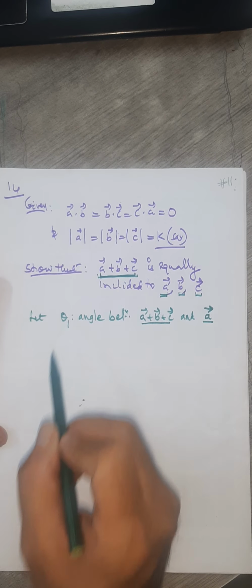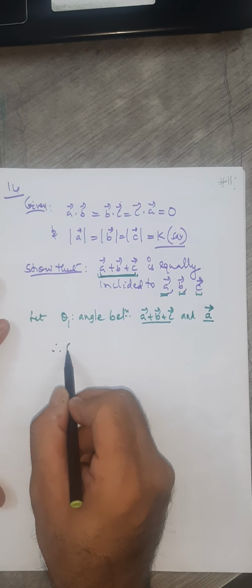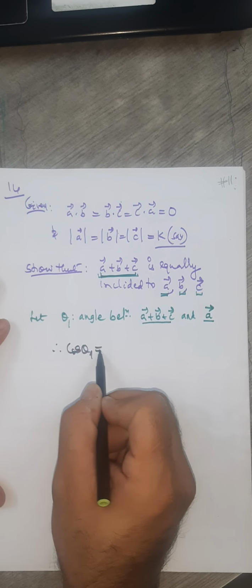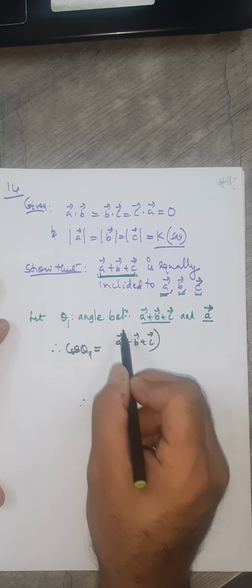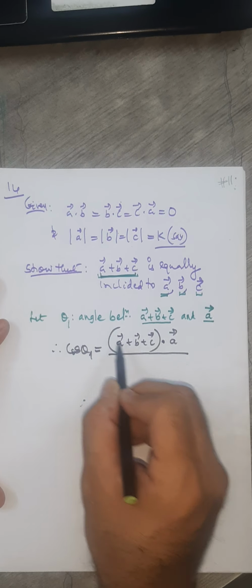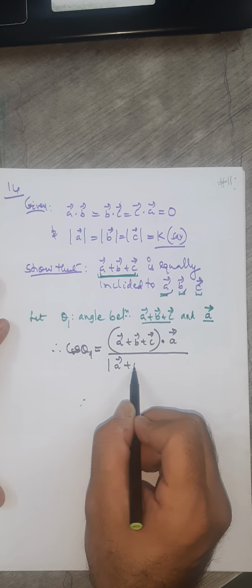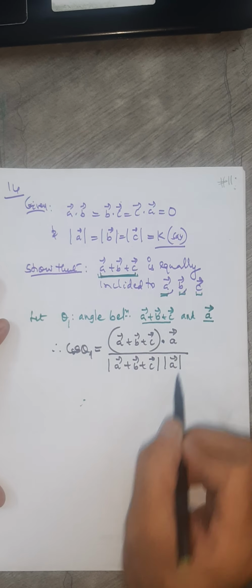This and this I'll take as theta 1. So what's the formula? Let's recall. So therefore cos theta 1 equals to this vector dot vector A upon magnitude of this into magnitude of this vector.